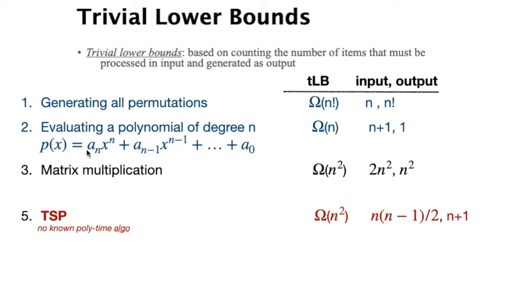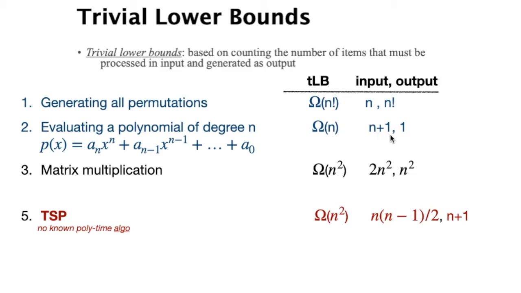And then for item number 2, evaluating a polynomial of degree n, the input here is x and each of the coefficients of the polynomial. And the output is the evaluation of p of x.